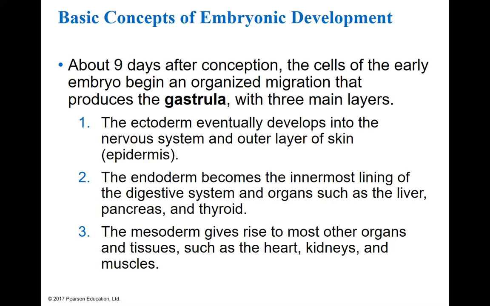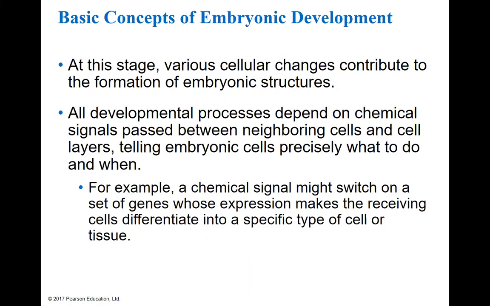So the ectoderm forms the skin, and it develops also into the nervous system. The endoderm forms the inner lining of the digestive system and organs such as the liver, pancreas, and thyroid. And the mesoderm will give us the heart, the kidneys, the muscles, and other organs and tissues. Most of the other organs and tissues develop from the mesoderm.